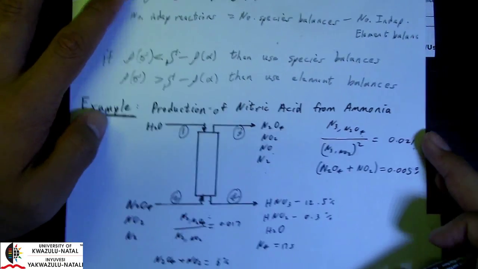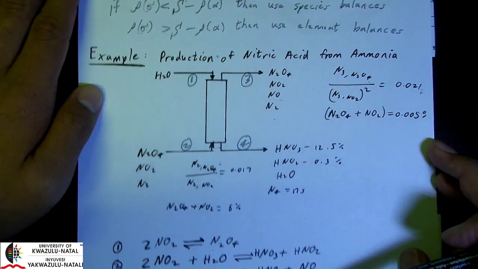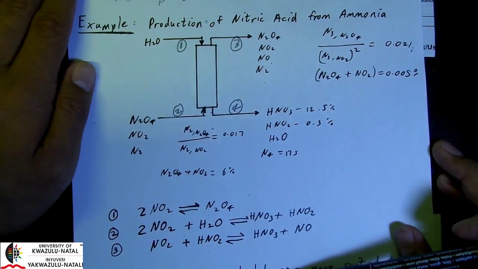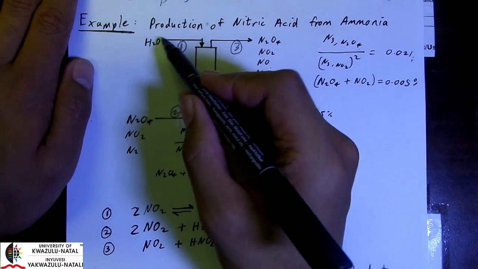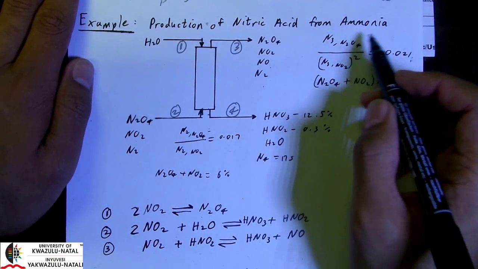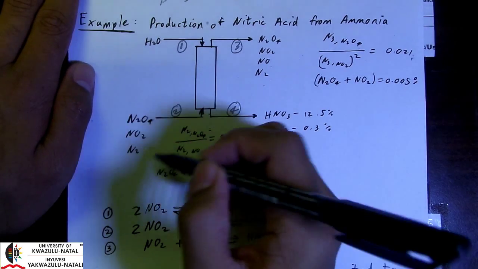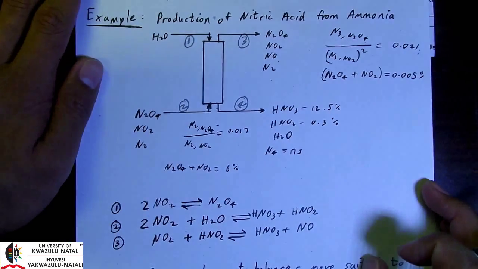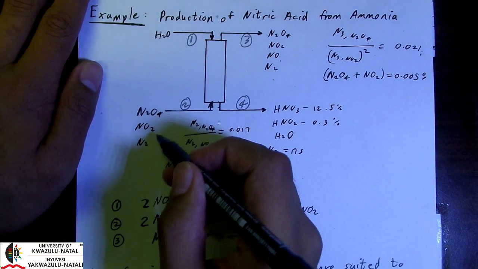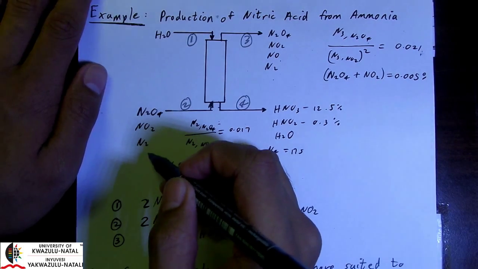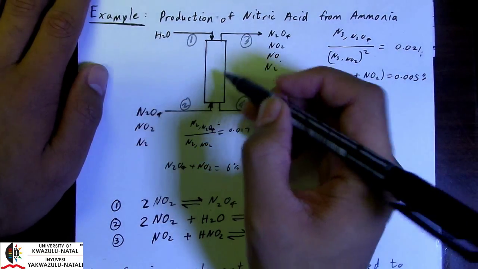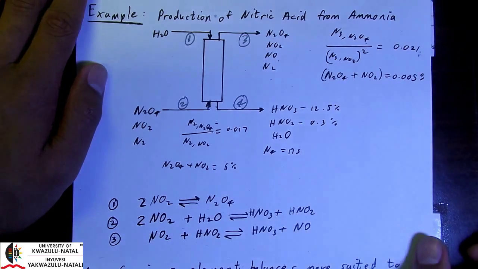Now let's look at an example in this regard. In the production of nitric acid from ammonia, we have the following coming in: N2O4, NO2, as well as nitrogen coming in at stream 2 and water coming in at stream 1.